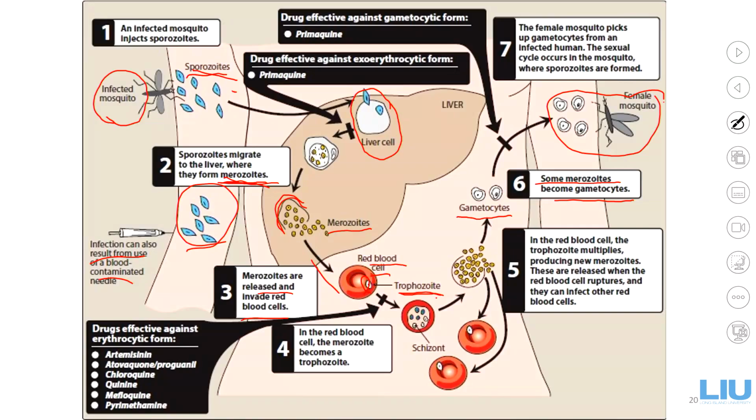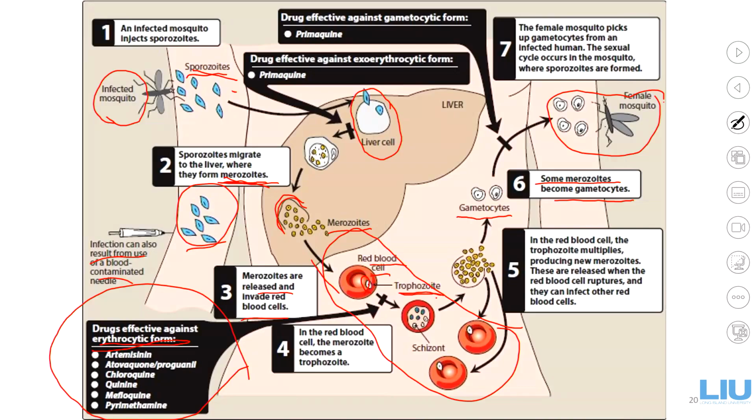Now, what's interesting is that most of the drugs act on the protozoa when they are inside the red blood cells, so they act on the erythrocytic form.